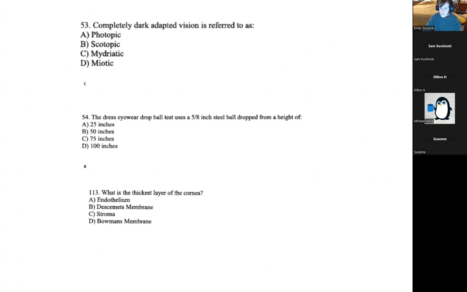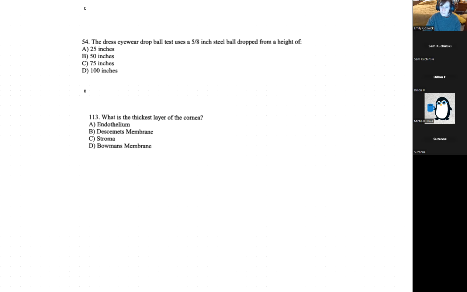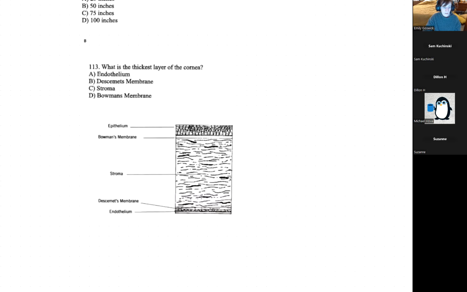So cornea, front surface of the eye, the really painful part of your eye. Okay, so there is clearly one area that is the thickest, right? So it's going to be C, the stroma. Pretty obvious there, but again, good idea to memorize those layers. Oh, sorry, I put in D. I meant C. Okay.